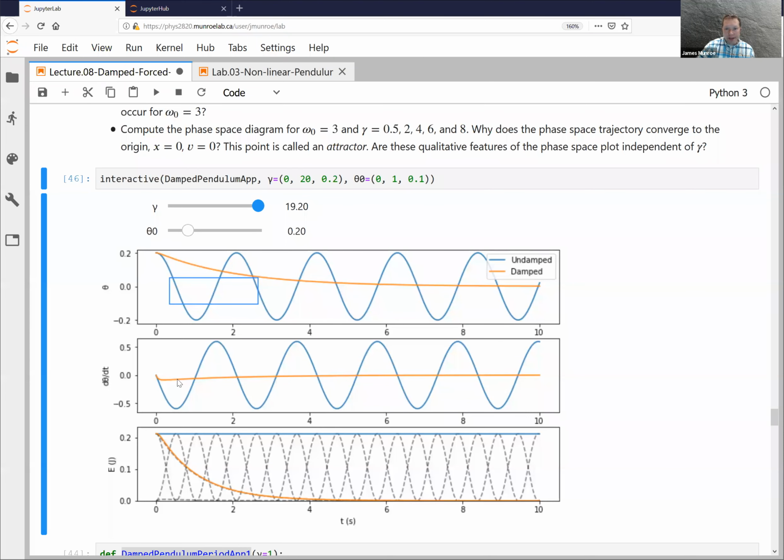Remember that the damping is affecting the velocity. If the velocity is positive, it starts to damp right away. But it's still away from equilibrium. Even though it's not moving, there still is a restoring force trying to drag it back. So it'll very slowly tend to drift towards equilibrium.